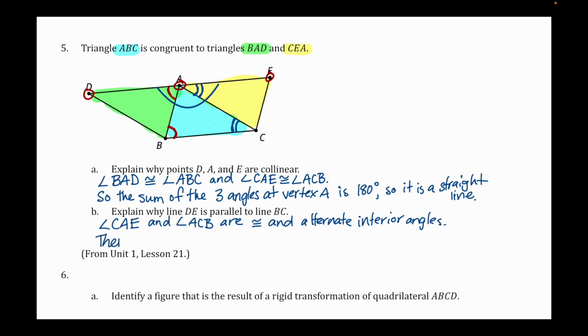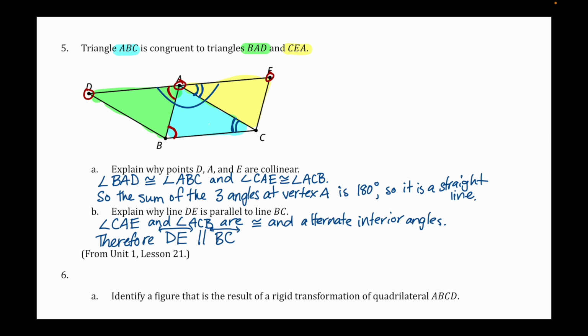Therefore, line DE, which is formally what we were calling it, is parallel to BC. And that's just the shorthand notation for it. Technically, if we're talking about a line, I should put little arrows on the end of it saying that the lines go forever, but the segments are also parallel to each other. So there we go.